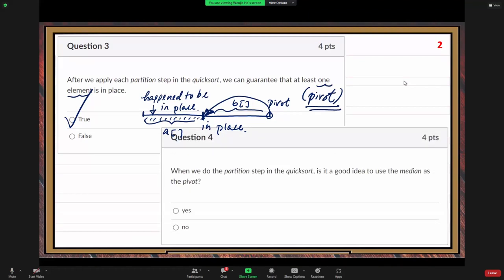Number 4. When we do the partition step in the quicksort, is it a good idea to use the median? I remember Harris answered this question once, and I still remember the answer: not a good idea. The reason is that finding the median is too costly.